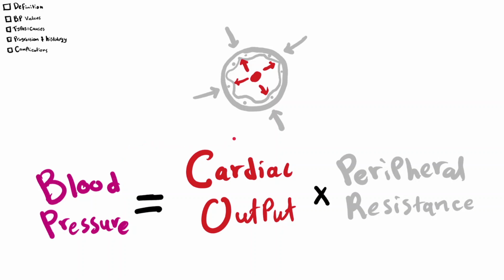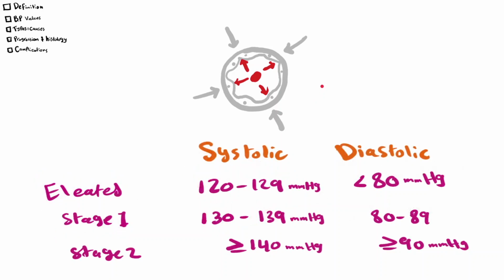So if you have an increase in blood pressure, it will probably be because of an increase in the cardiac output, or the blood content inside, or the resistance caused by the vessel. Now the normal values. Usually normal blood pressure is below 120 systolic and below 80 diastolic.